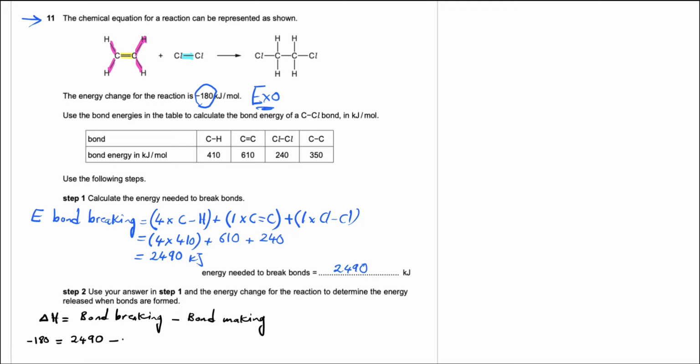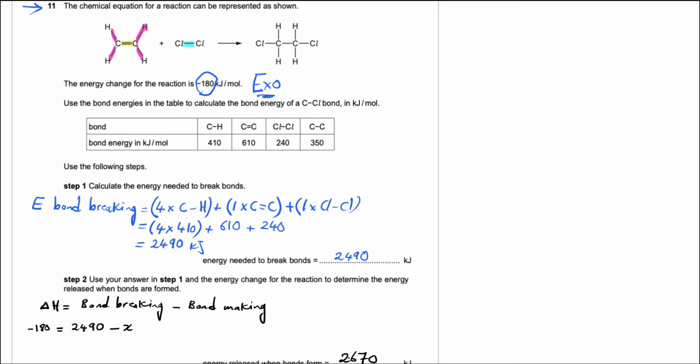I'm just going to assign it here as X, and then just do the math and find the value of X. If you just calculate the value of X, it's going to be 2,670 kilojoules. So the total bond making energy is 2,670. Remember that bond making is for the product side, and we know it now.